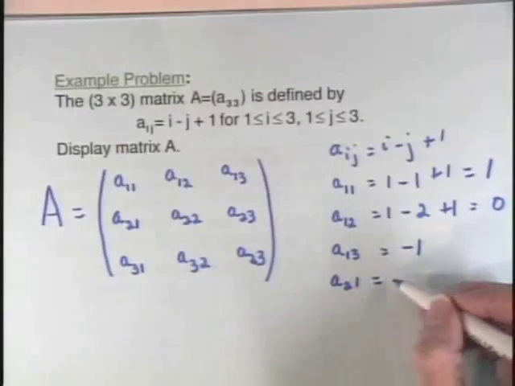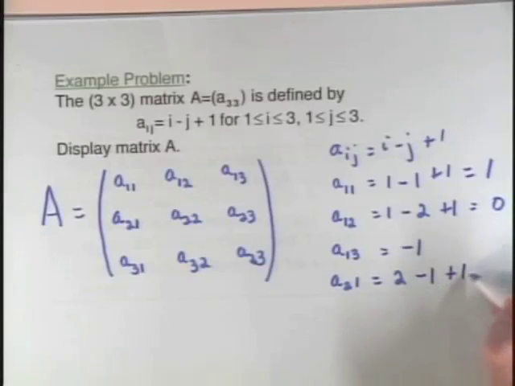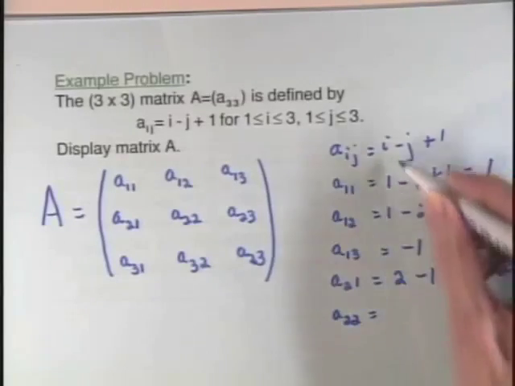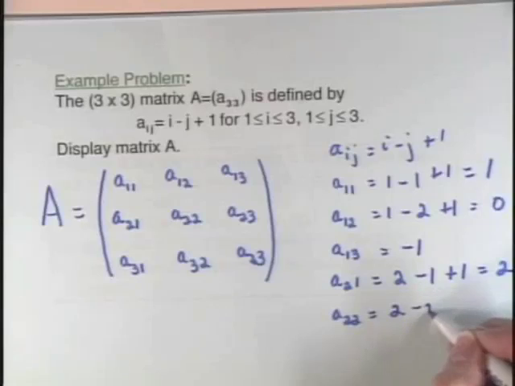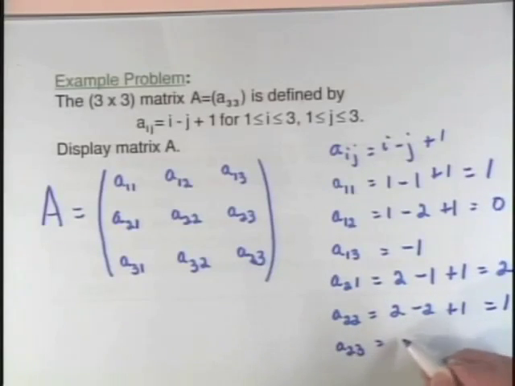In this case now i is 2, 2 minus 1 plus 1 is equal to 2. And continuing with A22, that is equal to 2 minus 2 plus 1 equals 1. And A23, to end the second row, would be a 0.